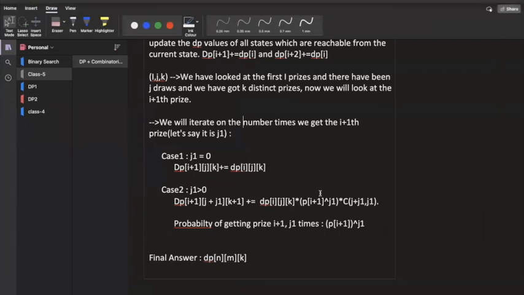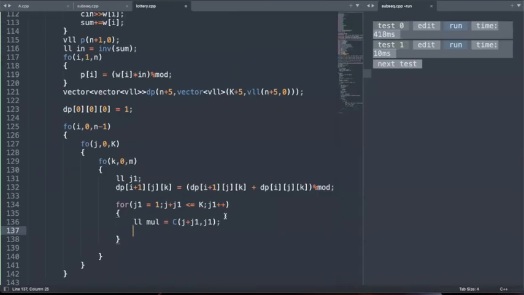If we remember, this is the thing which we had to multiply. So now we will multiply this mul variable with p[i+1] raised to the power j1. So mul is equal to mul into, and I have this pre-written function of binary exponentiation, which raises any number to any power. So it will be p[i+1] raised to the power j1, modulo mod.